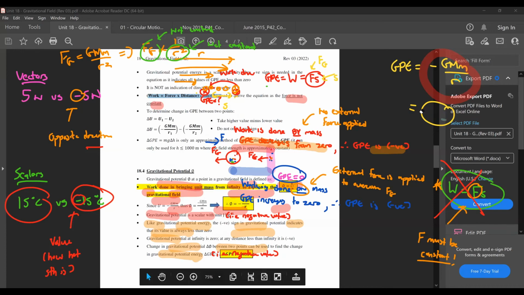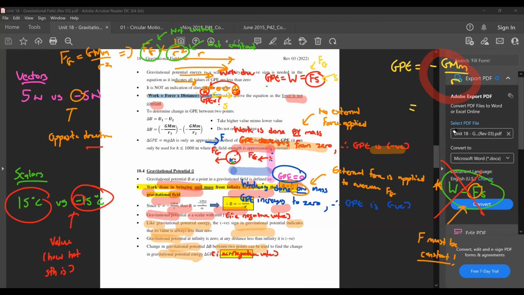The actual way they got the negative GMm over r was through integration, from infinity to distance r, of GMm over r squared dr. So there's a derivation for it. To get the GPE at a point, we know that it's the work done to bring a mass from infinity to that point.